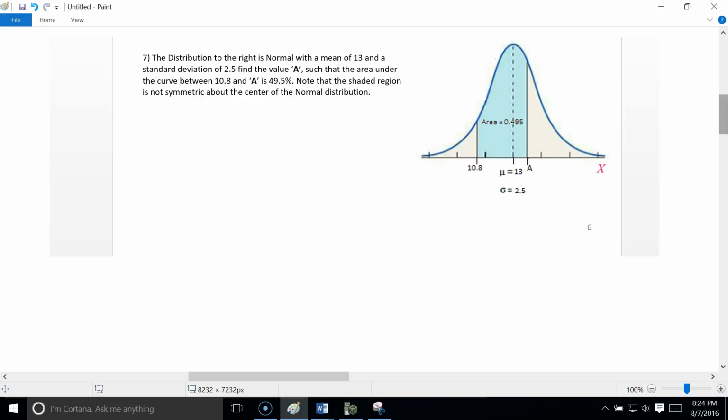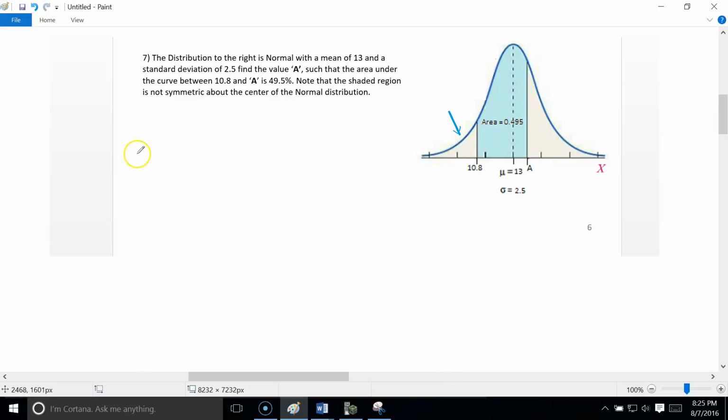There's a couple of good ways to do this, but I think the most direct approach is going to be to find the area of this section over here. That's what we want to find. And then when we find that area, we'll add it to 49.5. That'll give us the entire area from there to there. And then we can find the value of A using inverse norm that way. Okay, so let's find this area here.